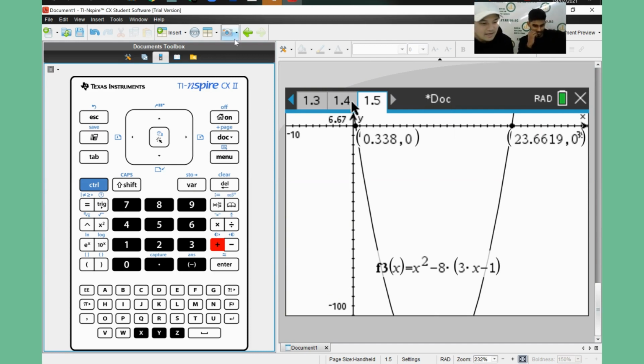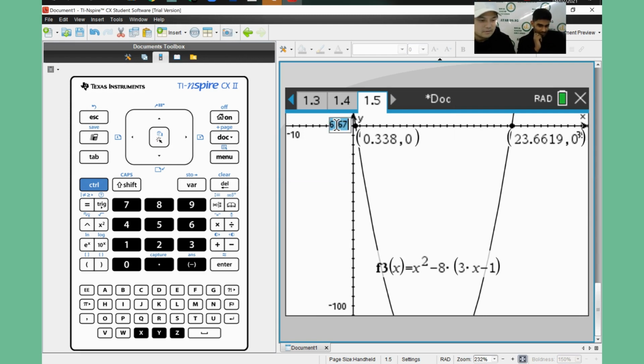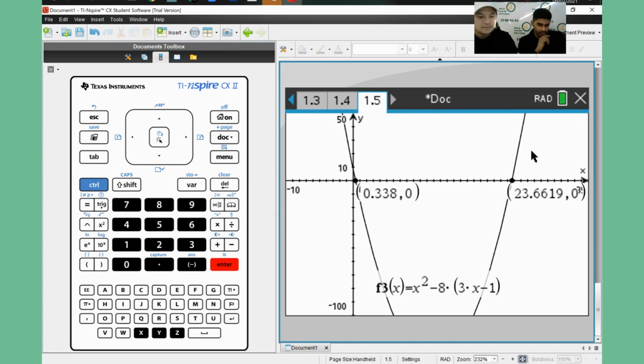Okay. And then after that, which means 0.338, less than, I want bigger than 0, which means this. Or I can increase this to 50, let's say. Bigger than this, this one above.